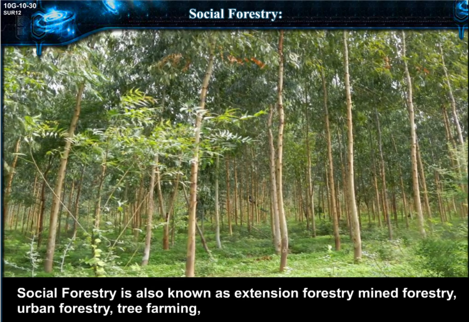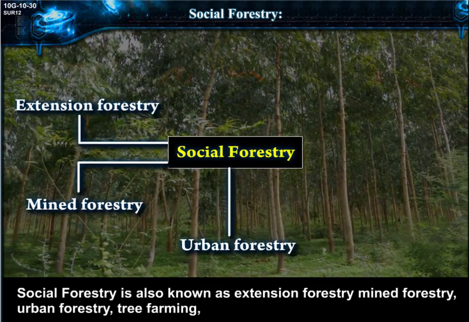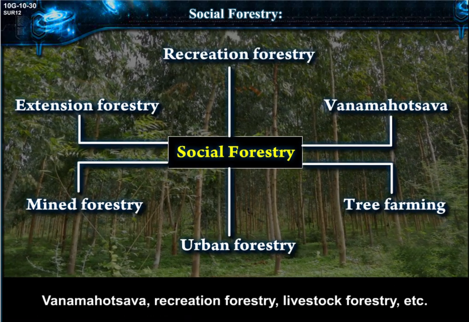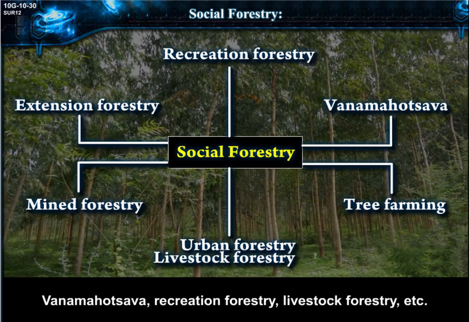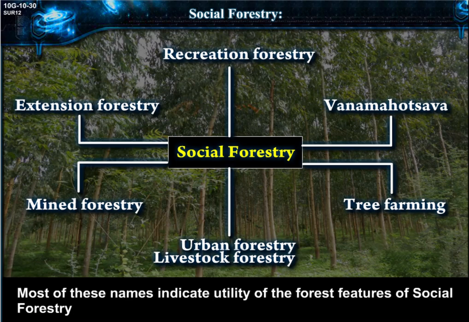Social forestry is also known as extension forestry, mixed forestry, urban forestry, tree farming, Van Mahotsav, recreation forestry, livestock forestry, etc. Most of these names indicate utility of the forest features of social forestry.